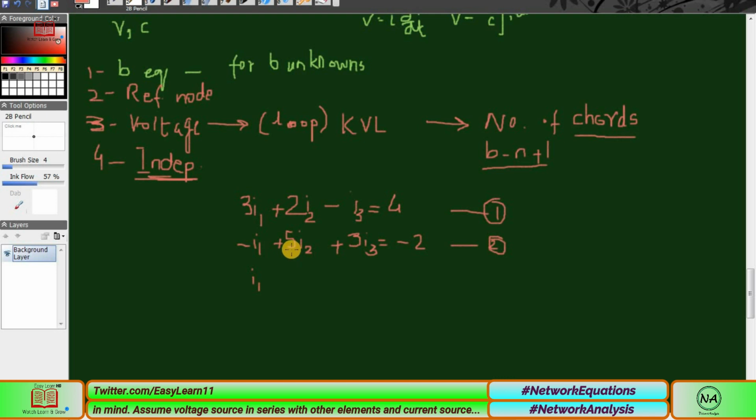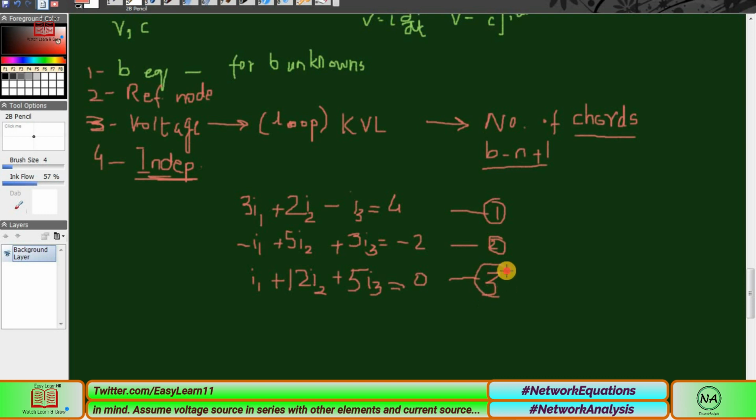Next, multiplying 5 by 2 gives 10, and adding 2 gives 12, so 12i2. Then multiplying 3 by 2 gives 6, and adding minus 1 gives 5, so 5i3. This is equal to minus 2 multiplied by 2, minus 4, plus 4, which is 0. This is equation number 3.